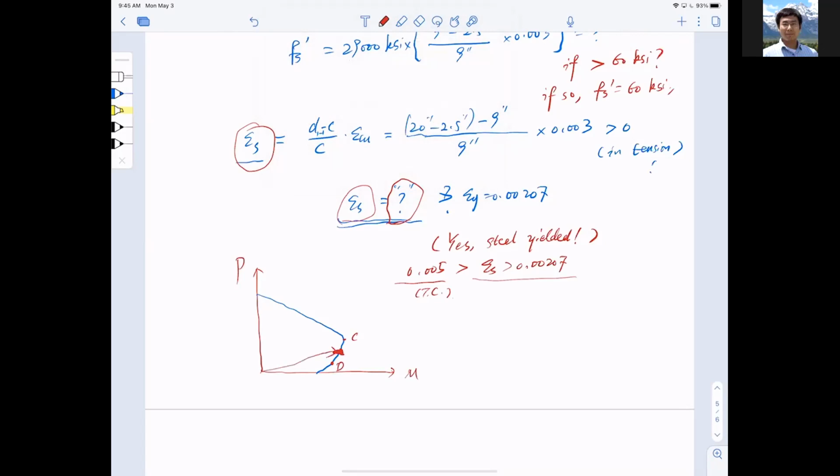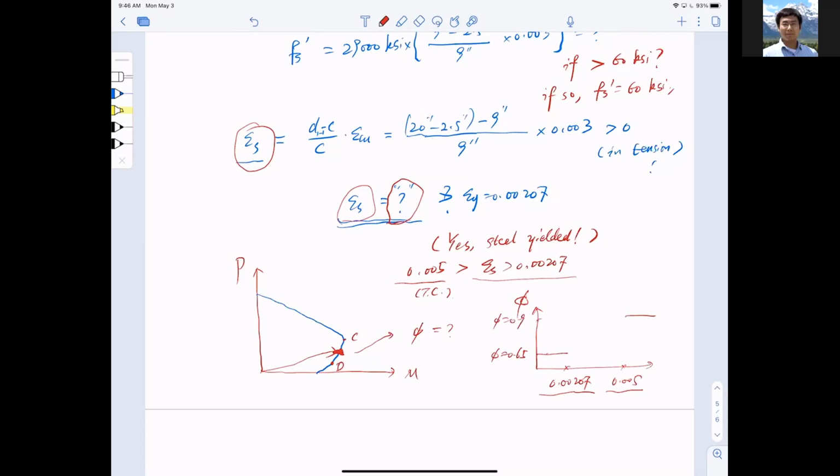So the question is, how do I compute phi? You remember when we computed phi, we also had a little diagram here, right? If it is not yielding, meaning less than the yield strain 0.00207, or 0.005 for yielded tension control, there are two limits: phi equal to 0.65 and phi equal to 0.9.